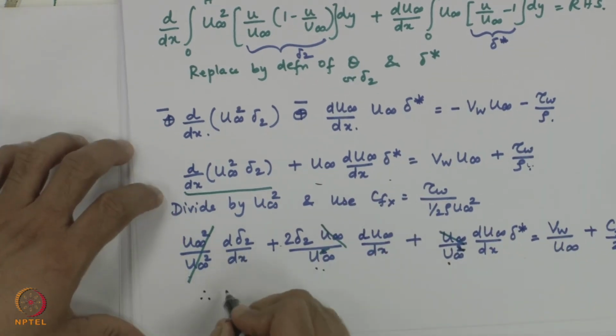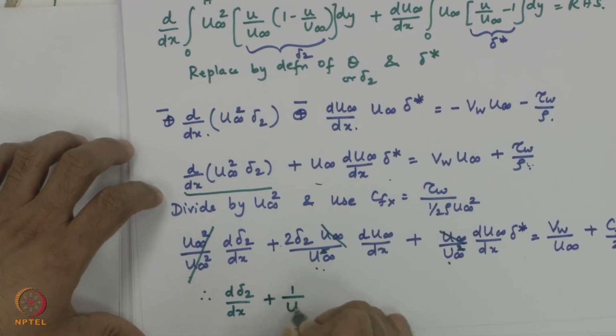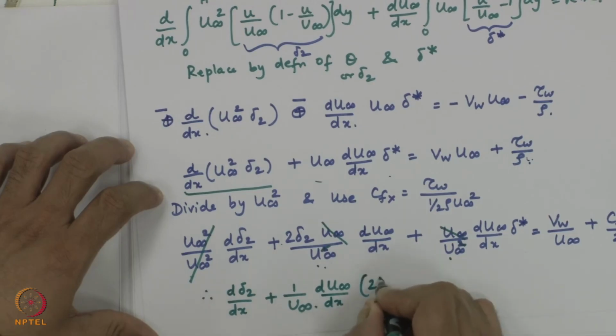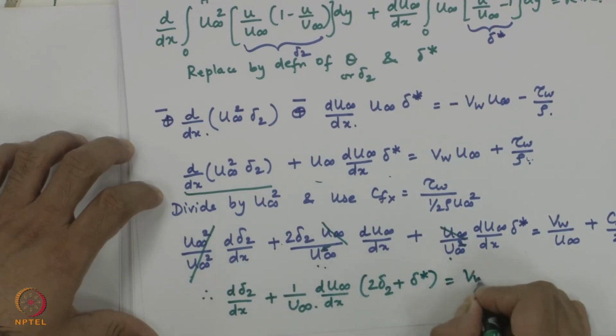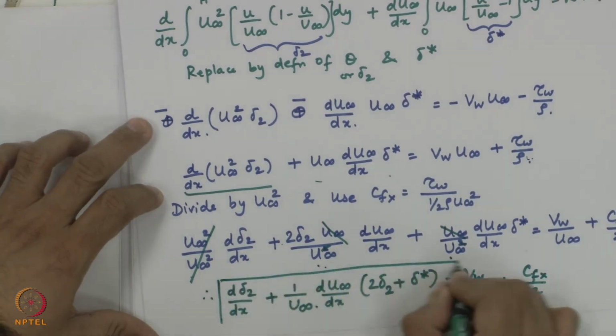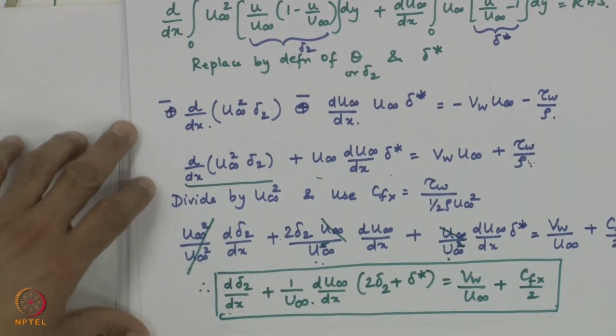Therefore, I can write this as d delta 2 by dx plus 1 by u infinity du infinity by dx (2 delta 2 plus delta star) is equal to Vw by u infinity plus Cfx by 2. Coefficient of friction is what is needed by us.